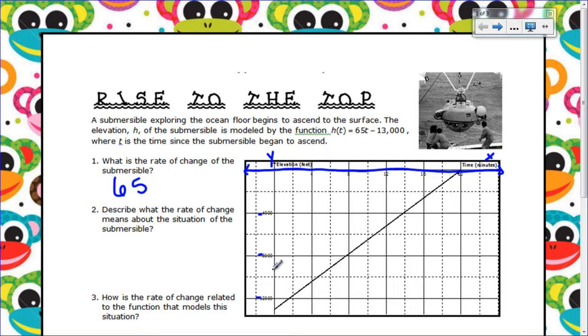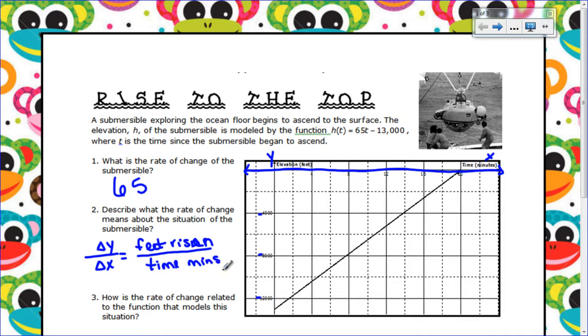To describe our rate of change, remember we talked about slope being the change in the y values over the change in the x values. What's graphed on our y values is the number of feet that the submersible has risen, and what's on the x-axis is the time in minutes since it started.